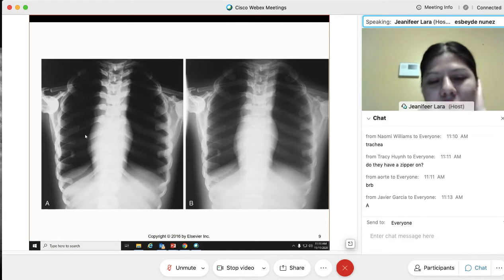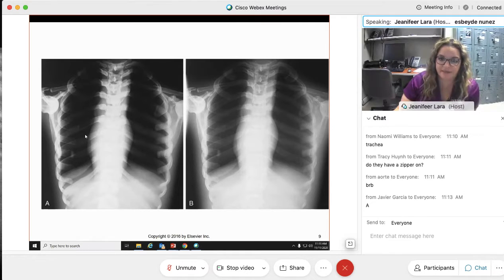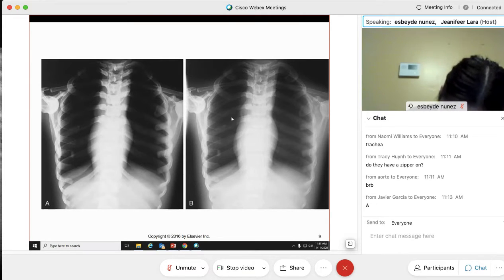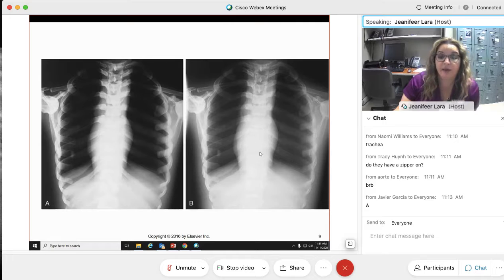More transmission is going to give me dark. Less transmission, or more absorption, is going to give me bright. We're going to get into what differential absorption is and review that. Does anyone have any questions? The anatomy stayed the same, but now we manipulated our primary beam. Make sense?